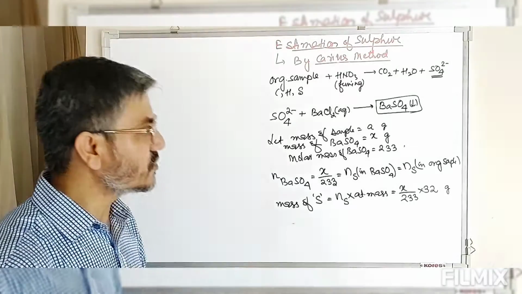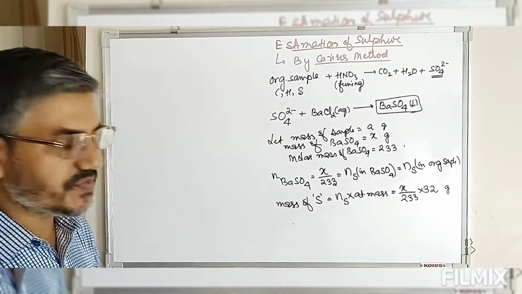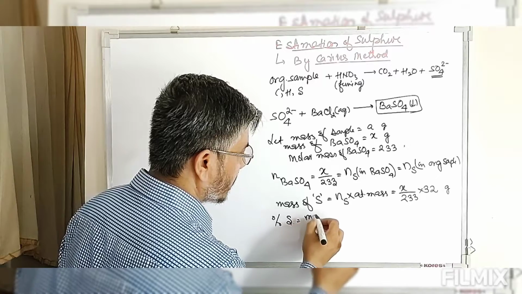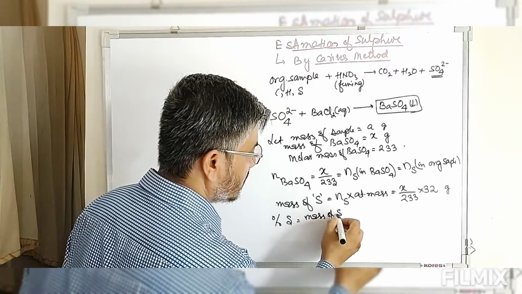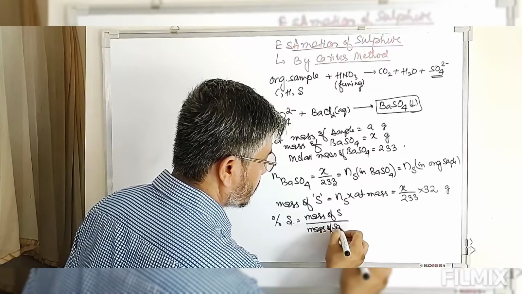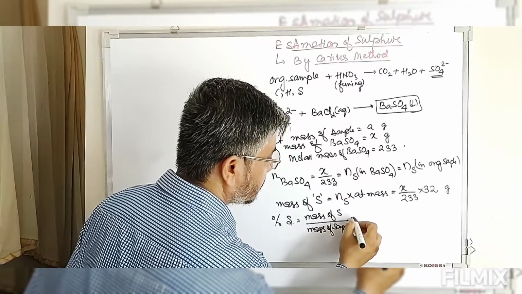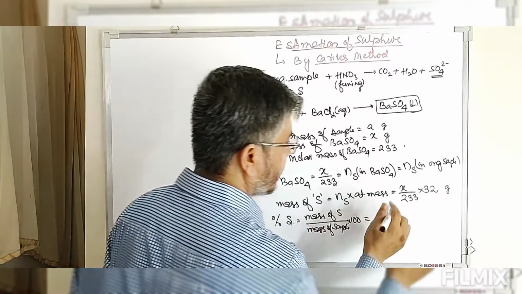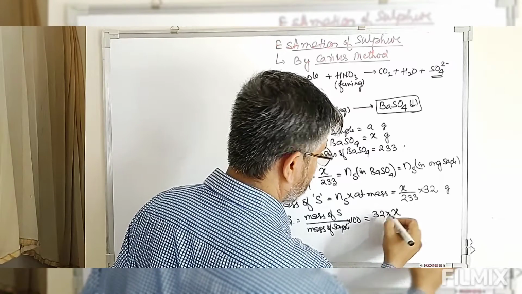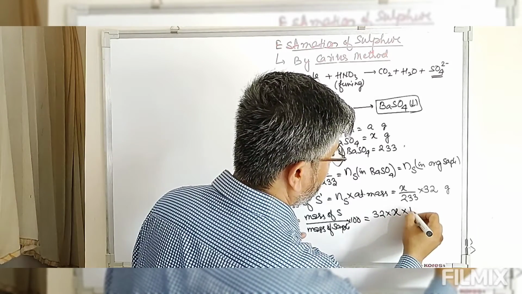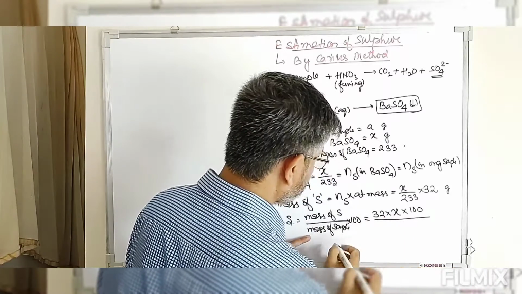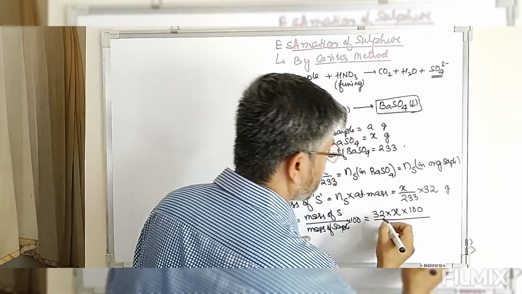Once we have this mass of sulfur, next we have to identify the percentage. So the calculation of percentage of sulfur is mass of sulfur divided by mass of sample into 100. Now we have this mass of sulfur here. So 32 into x into 100 divided by the mass of sample, a.